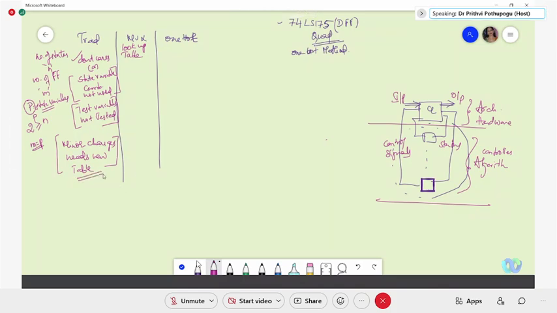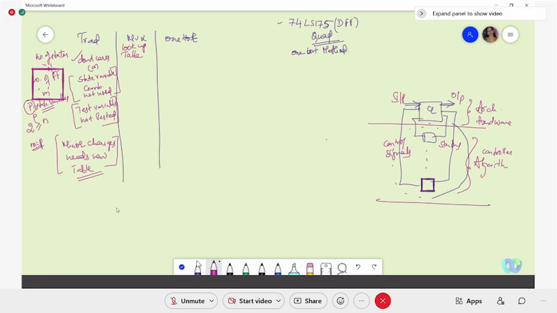Maybe to overcome this drawback that your traditional approach had, we are not taking these D flip-flops as they are. That means these flip-flops will be added with multiplexers.